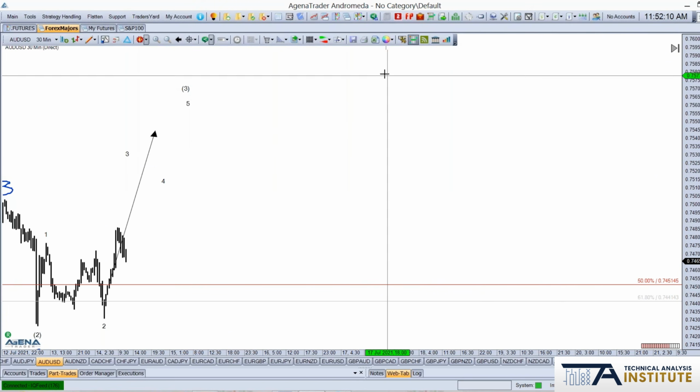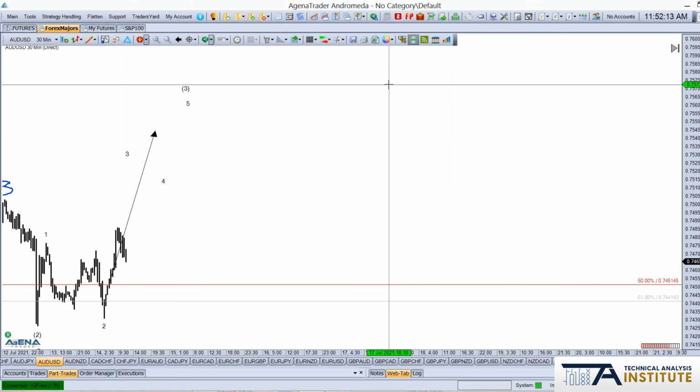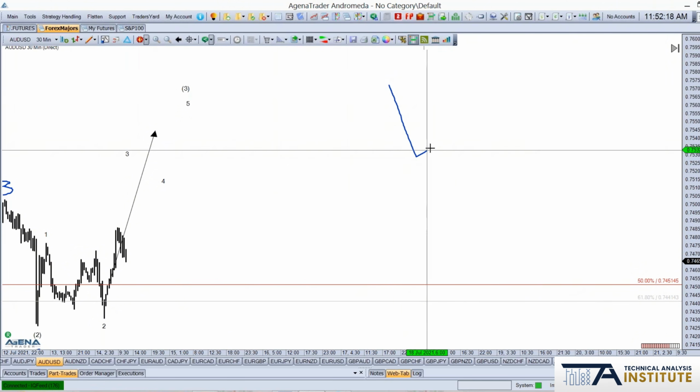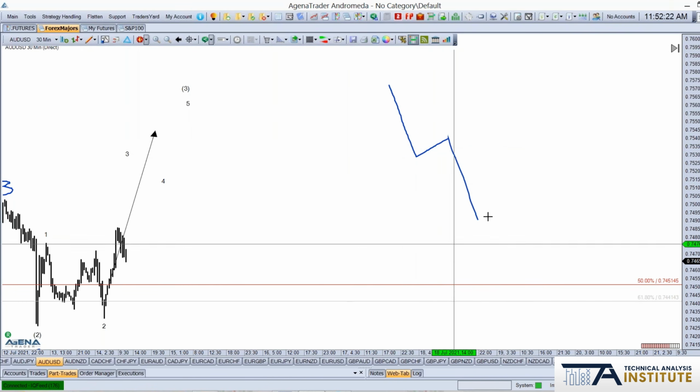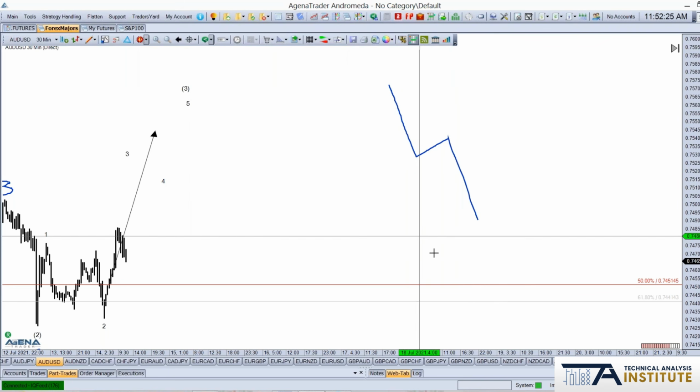Now, okay, so let's talk about zigzags. Zigzags look like this, right? We have been drawing this type of structure over and over again.